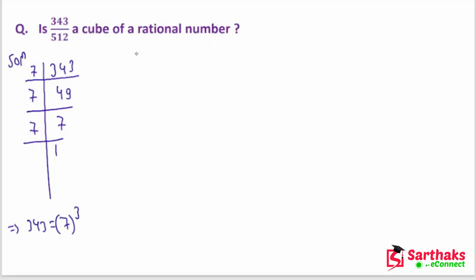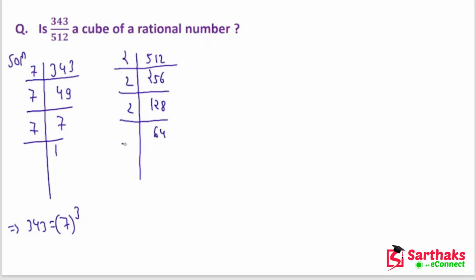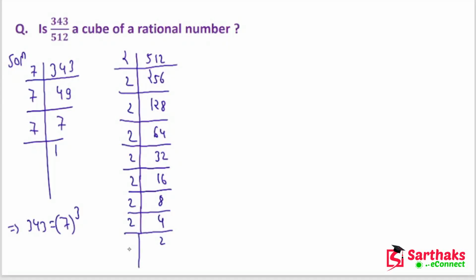Okay, let us check 512. Dividing by 2, it will be 256, then again with 2 it would be 128, then 64, then 32, then 16, then 8, then 4, then 2, and then 1, right?